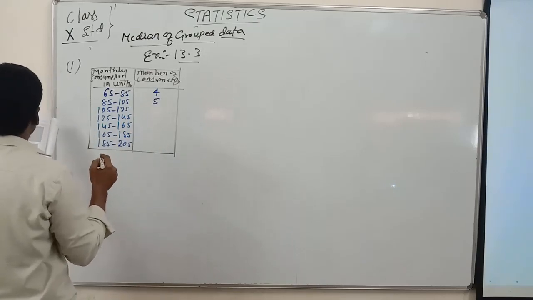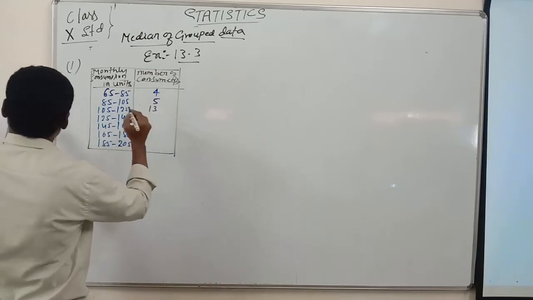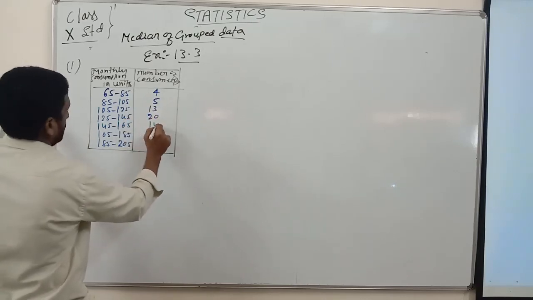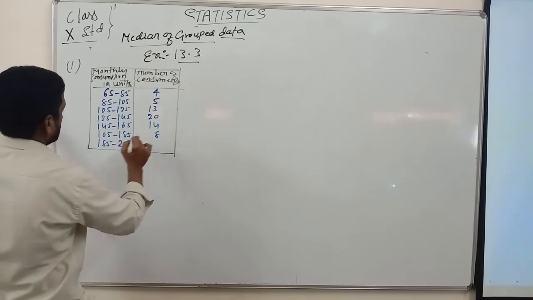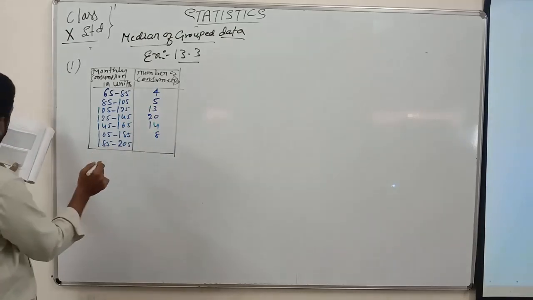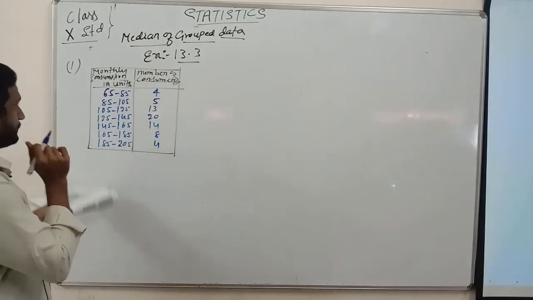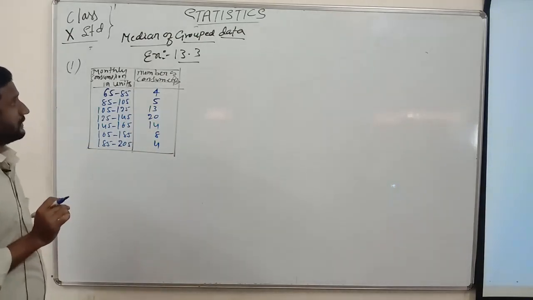Again 105 to 125, 13; again 20; again 14; again 8; and 185 to 205 units, 4. So this is your given data here.